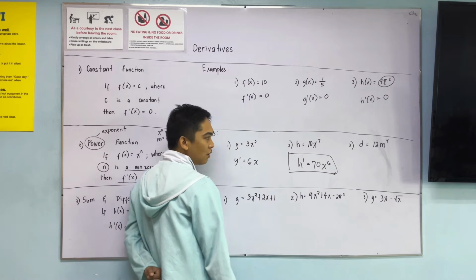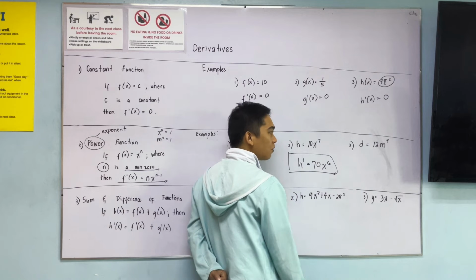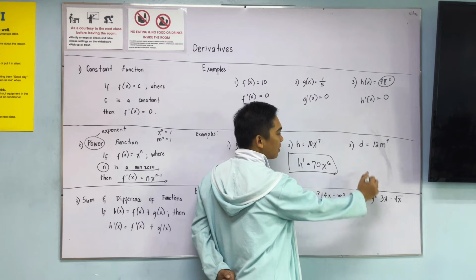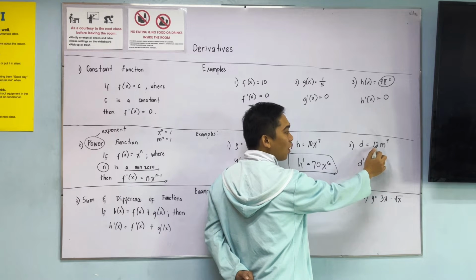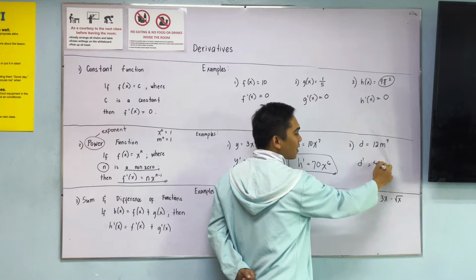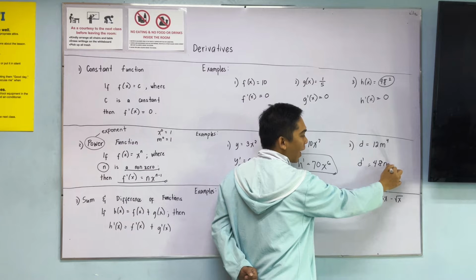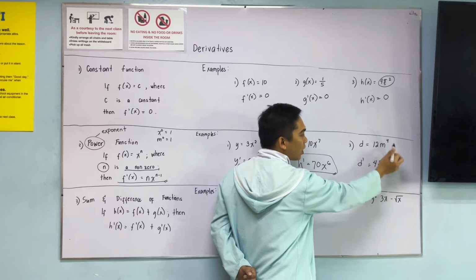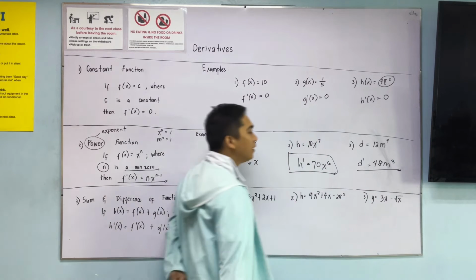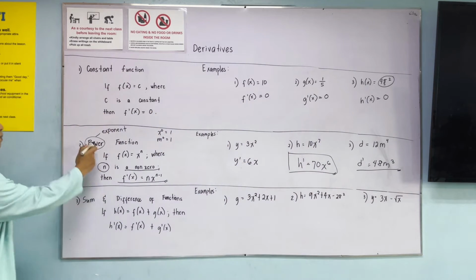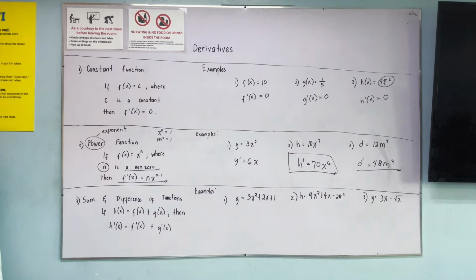Last example, d is equal to 12m raised to 4. d prime is equal to 12 times 4, that is 48. m, that's the variable, then 4 minus 1, cube. That's the power function, or derivative of a power function.